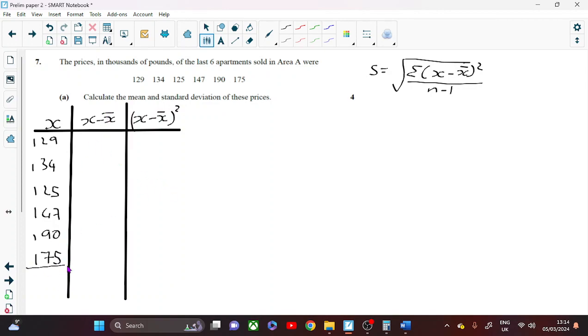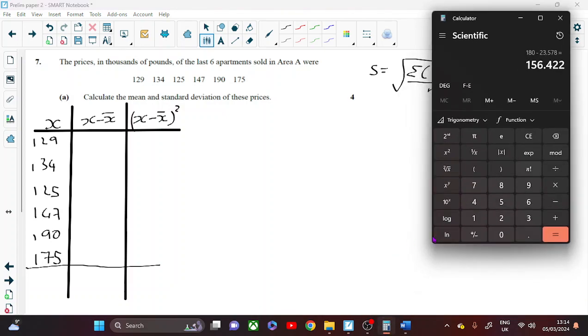I need to total them up. Calculator comes back out and I have 129 plus 134 plus 125 and 147 and 190 and 175.